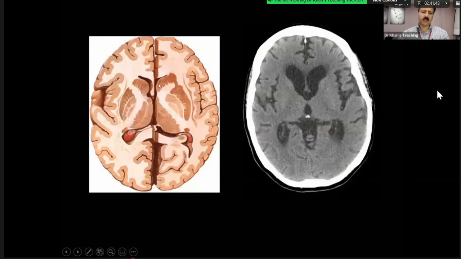Deep gray matter includes head of caudate nucleus here, the putamen here, and this is the globus pallidus. Overall, this is the lentiform nucleus. This is the thalamus. Now, lateral to this is the insular cortex, which is a very important part of cortex for the exam because acute infarctions will come in the exam, insular ribbon sign and things like that.